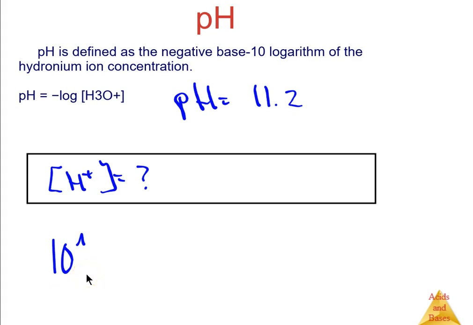That's what inverse log is. And then we need the negative pH. That's how you can solve for the H plus concentration. So we would just put in 10 raised to negative 11.2. You're going to get some small number.